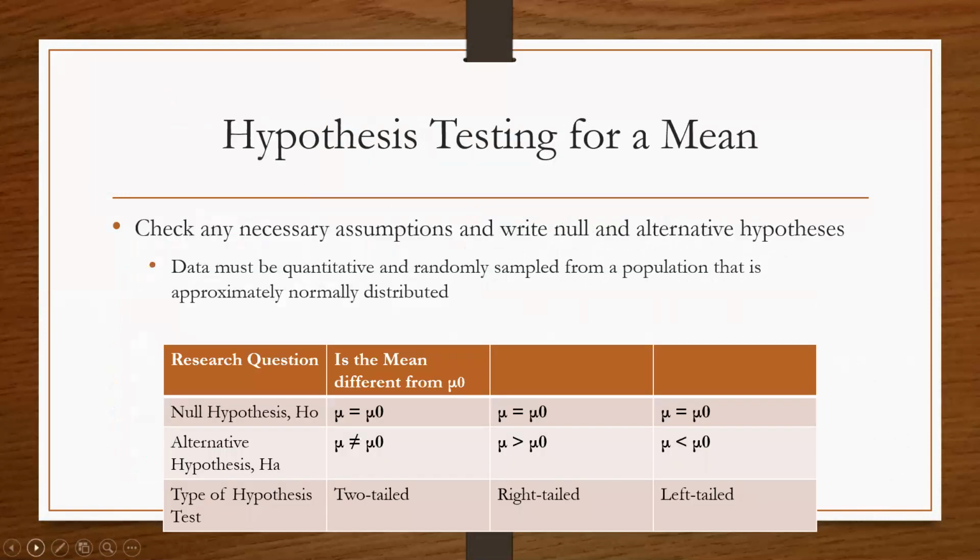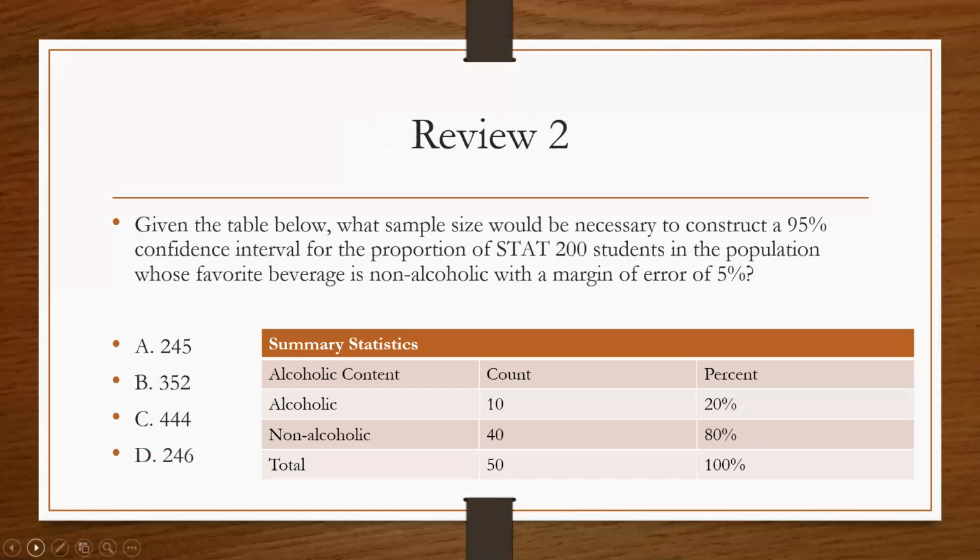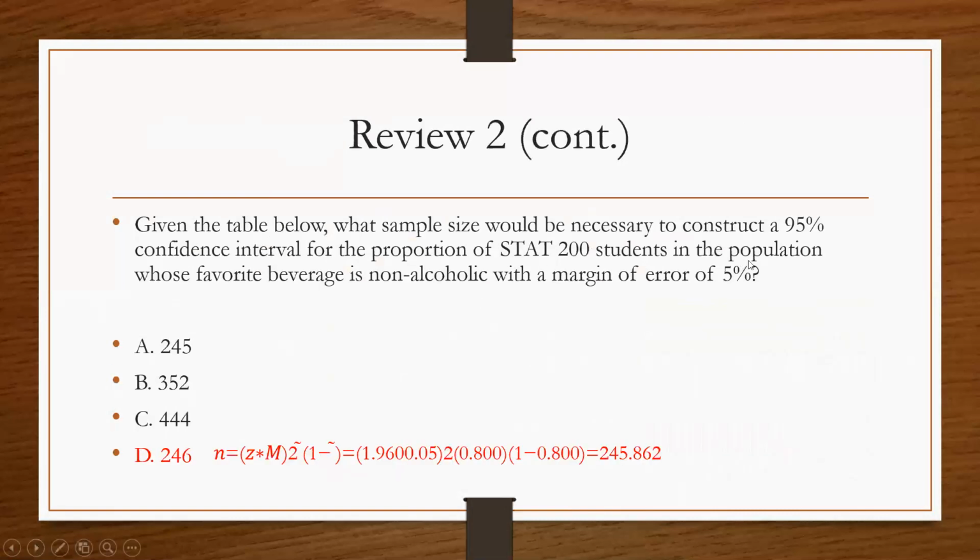So the margin of error is just 0.05. Since it's a 95% confidence interval, you use a z multiplier of 1.96, and it's asking for that squared.